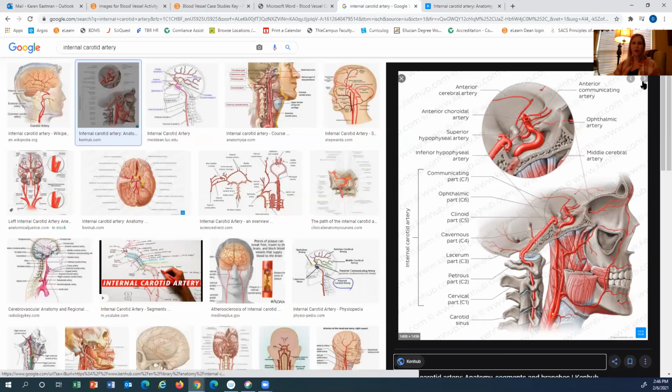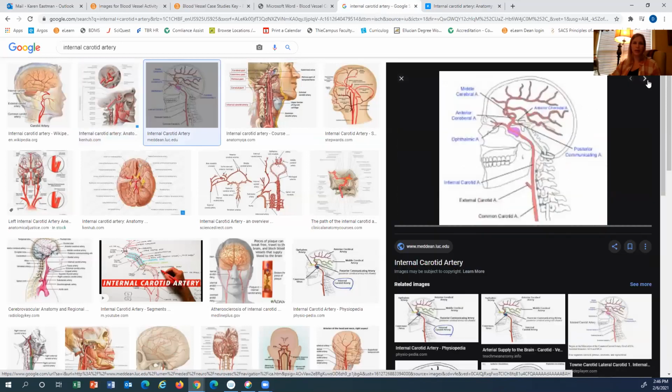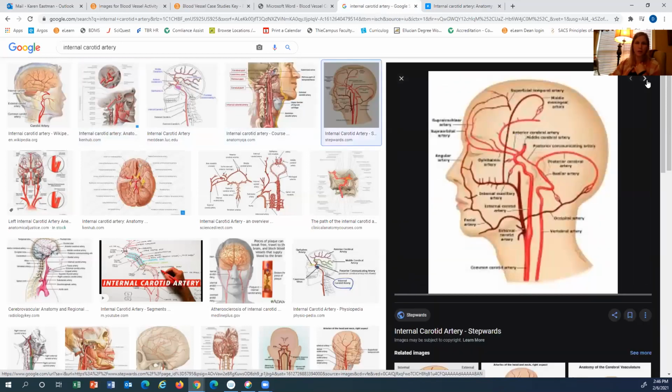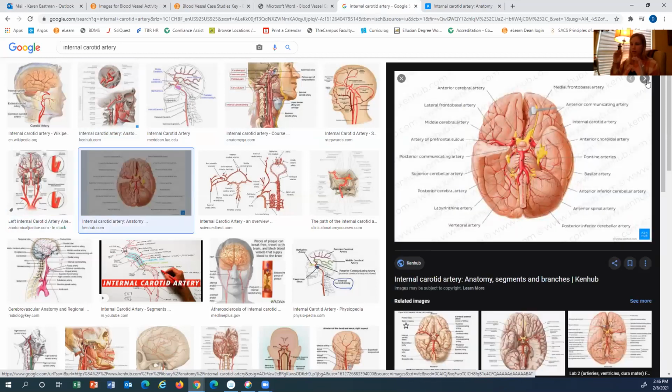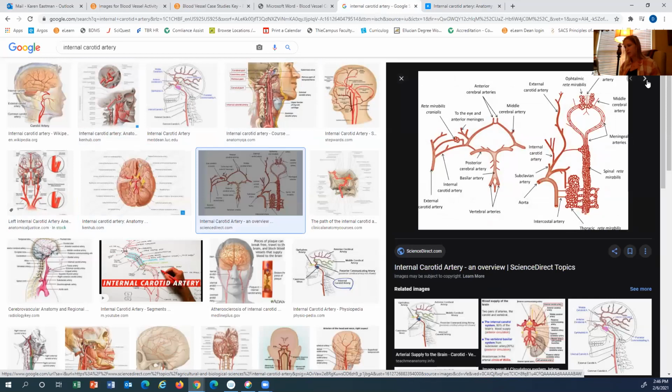So the actual arteries that, for our purposes, we are required to know that make up the Circle of Willis, you have the basilar and you have the internal carotid, right? A right and a left internal. And when you look at this, there's a lot more to it. But what we know is we have two vertebral arteries coming up off our subclavians. They merge together to give us the basilar. Here's the circle.